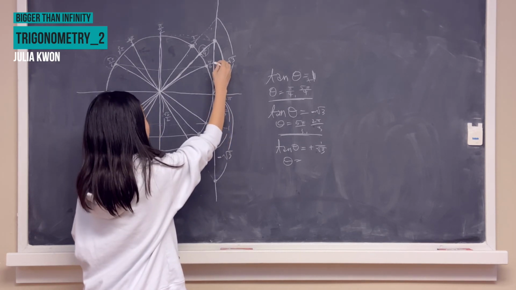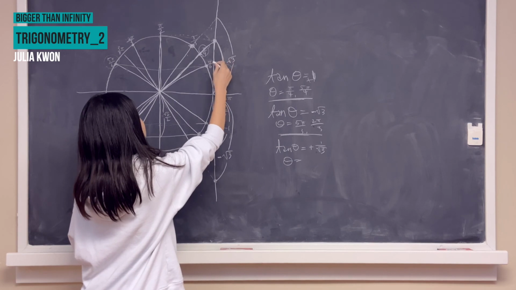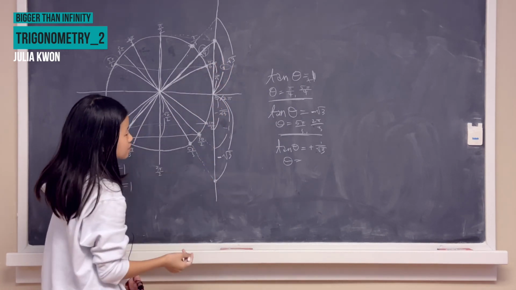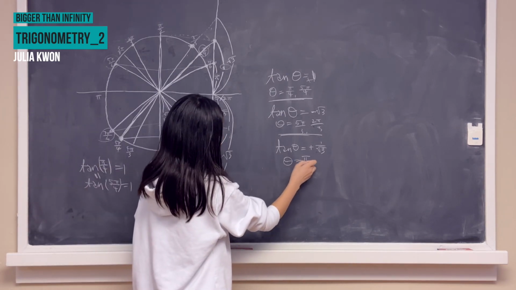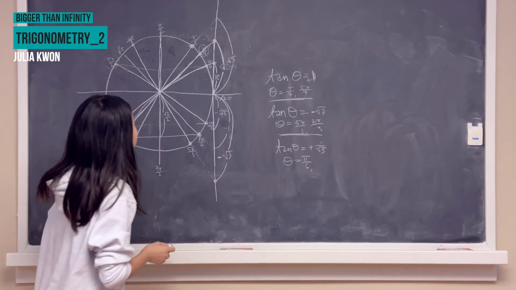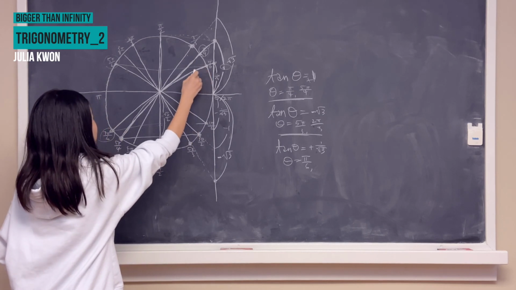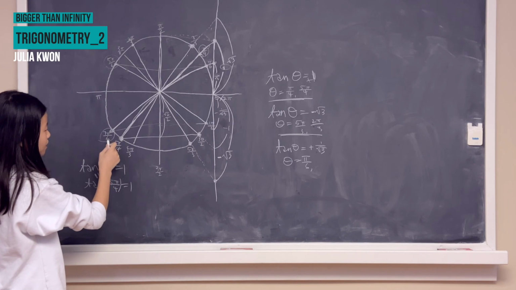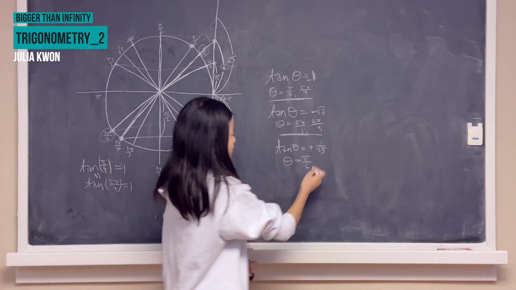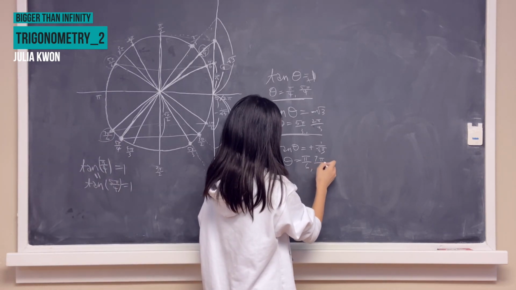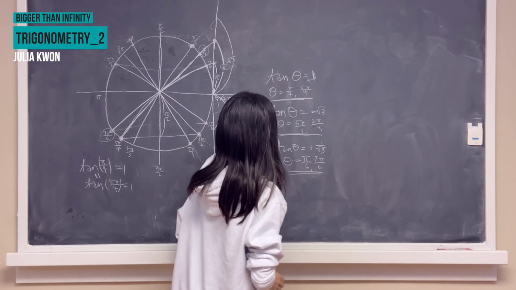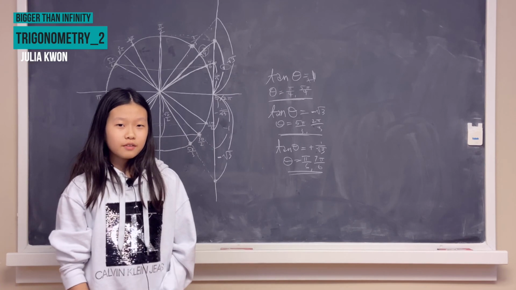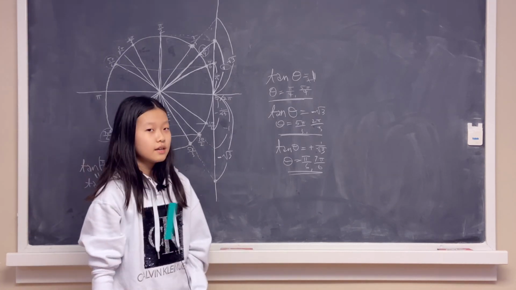So this dot here, and just follow the line here, and this line is for pi over 6, and so one of the answers is pi over 6. And if we just follow the line, it leads us to this line, which is 7 pi over 6. So that's the other answer, 7 pi over 6. And so here are the 3 examples that I provided for you guys for tangent theta.